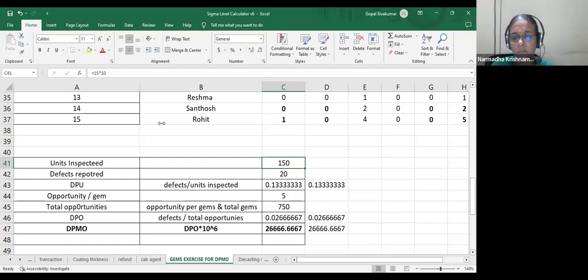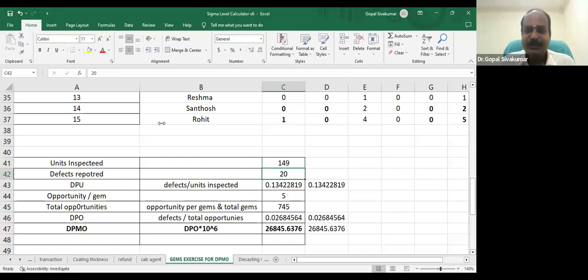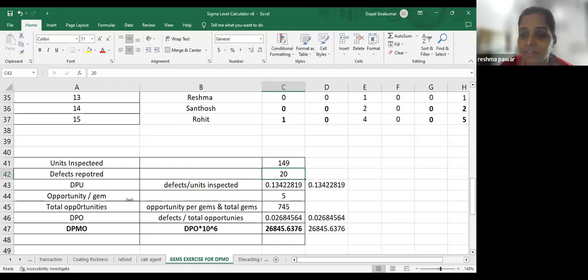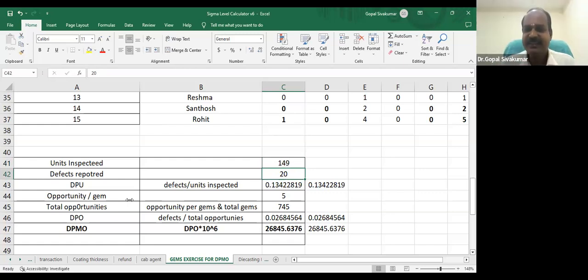One was having 11. One was in excess also. So it makes 150, equalized. If you want to be a little more accurate, you can put 149 here. Actually, I counted 11, so I think you can make it 150. Yeah, okay. No problem. This is only for understanding the DPMO calculation.